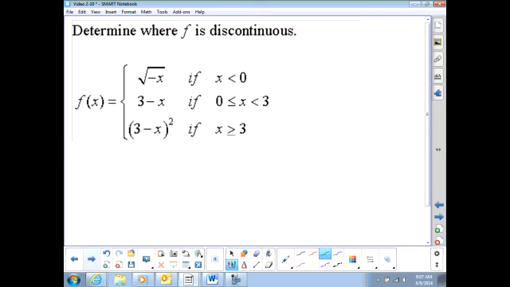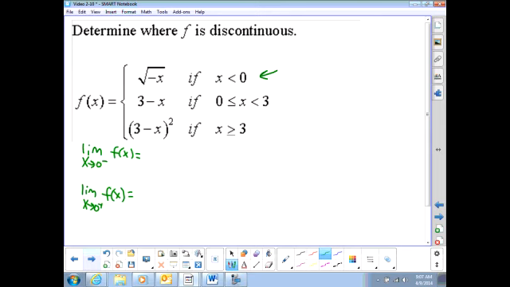We need to look at where it changes from one function to the next. We'll start by looking at the limit as x approaches 0 from the left of f of x, and the limit as x approaches 0 from the right of f of x. As x approaches 0 from the left, we would be coming from negative numbers, so that would be this function.